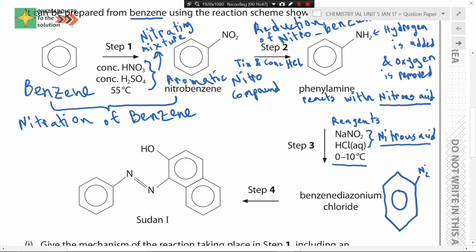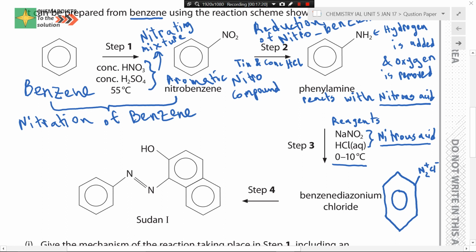Here you go, the structure for benzene diazonium chloride: the benzene ring having N2 plus over here and Cl minus. In the next video we're going to discuss this structure in detail, so we're going to leave it for that. This is the basic structure of benzene diazonium chloride.